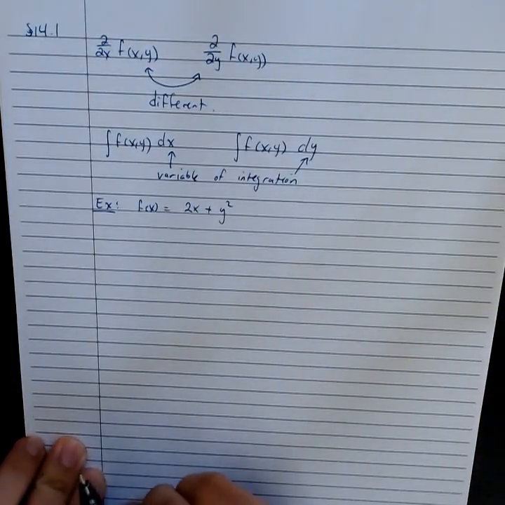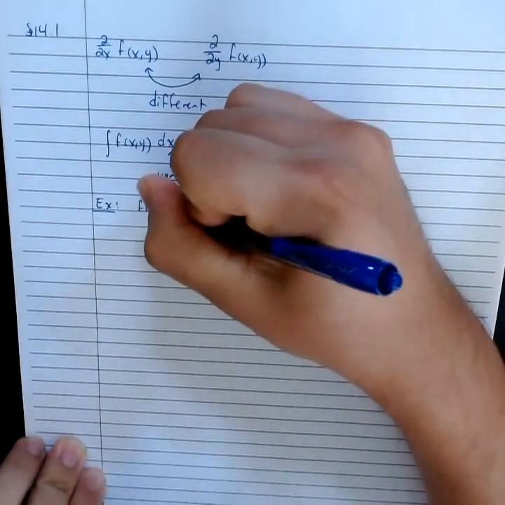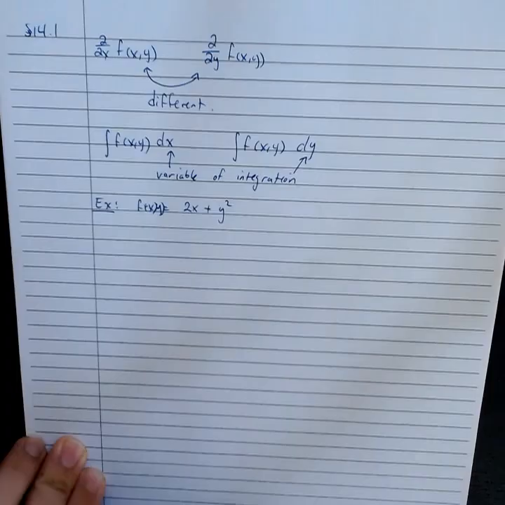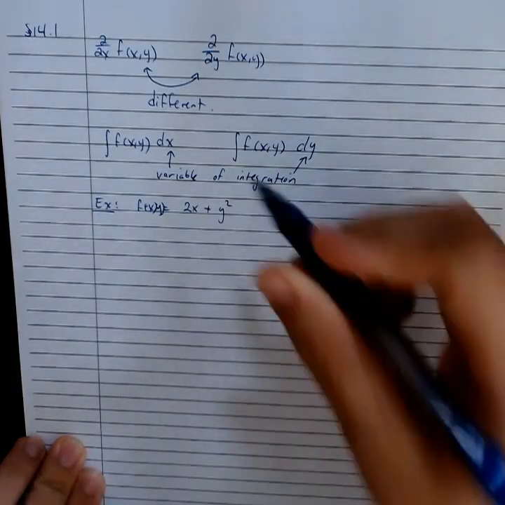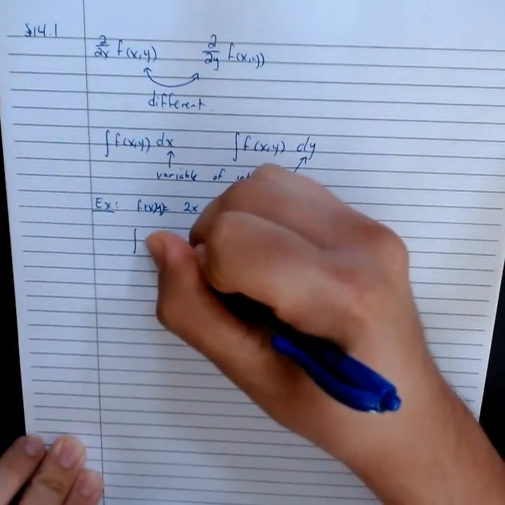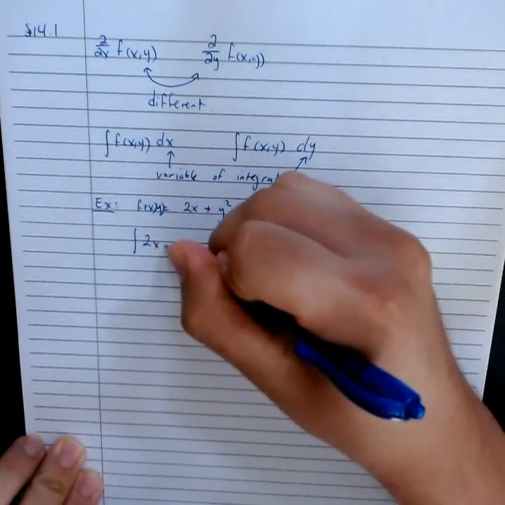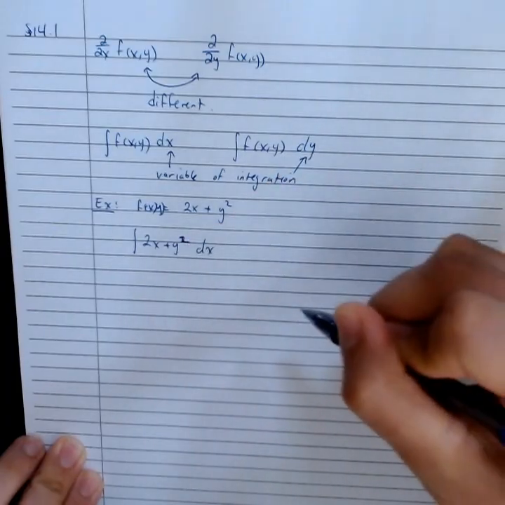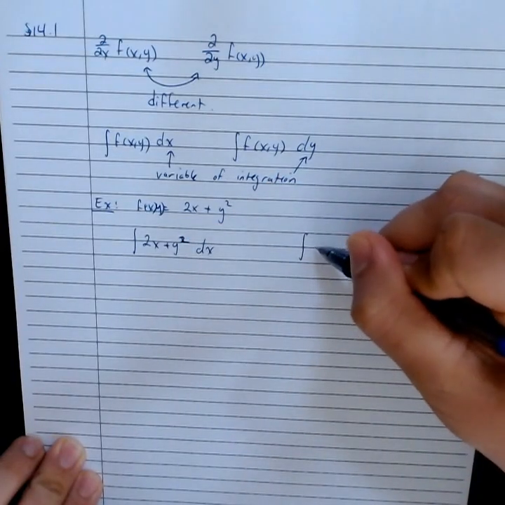To integrate, the answer will depend on which is our variable of integration. So here, let's do it both ways. Let me integrate the function 2x plus y squared with respect to x, and then separately, with respect to y.